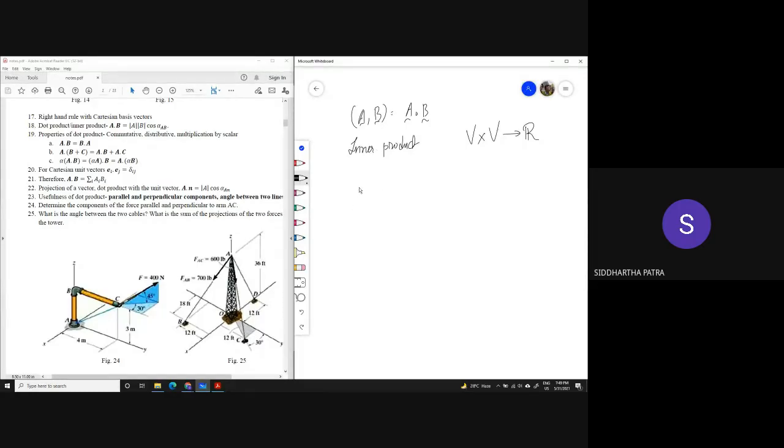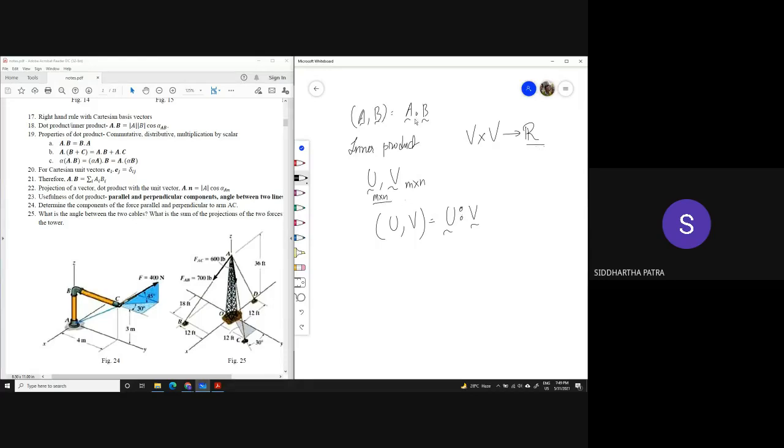For example, let's say U and V are two matrices of the same size, M cross N. I can define an inner product of U and V, denoted with multiple dots instead of a single dot, which implies that I'm going from a second order tensor to a scalar, a zeroth order tensor.